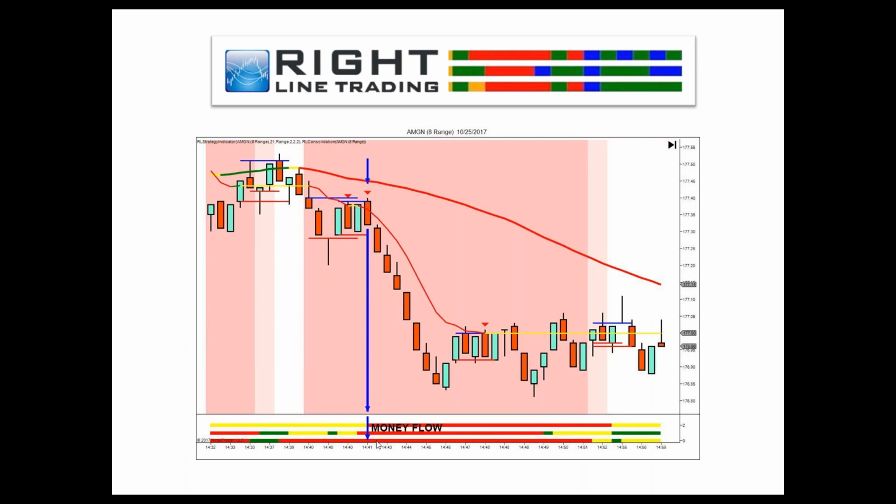Now these are these 3 lines, and I've added it to this chart on Amgen. And what these are are stocks or ETFs which correlate in either the same direction as Amgen or in the counter trend direction as Amgen. And there are 9 of them. There are 3 in each line.